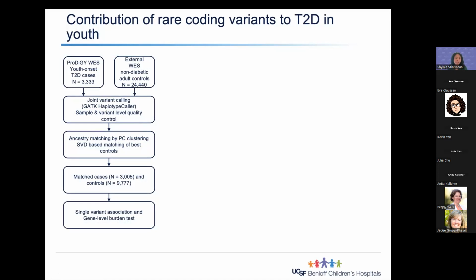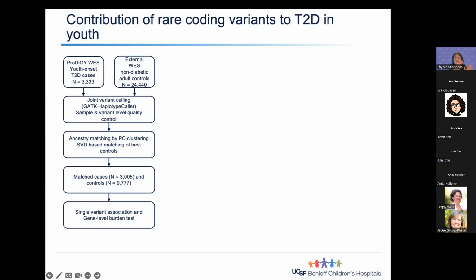We did joint variant calling and ancestry matching by PC clustering and standardized quality control metrics. At the end, after filtering, we had 3,005 youth cases, as well as 9,777 matched adult controls.